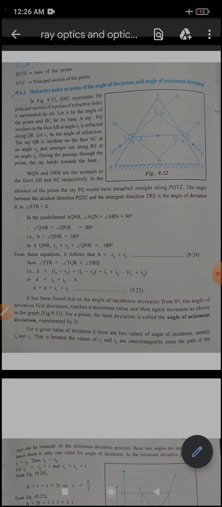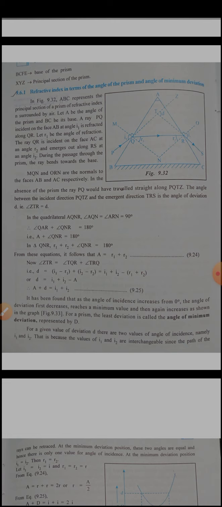We know that QAR is the angle of the prism, denoted by A. So substituting, A plus QNR is equal to 180 degrees.